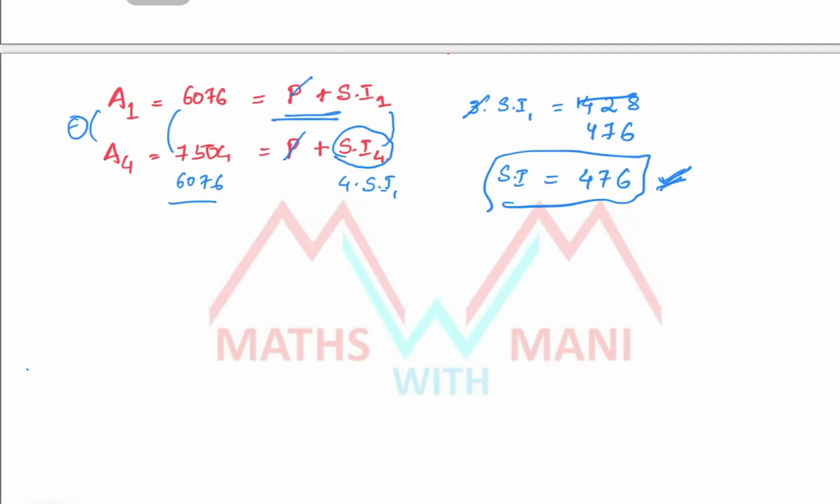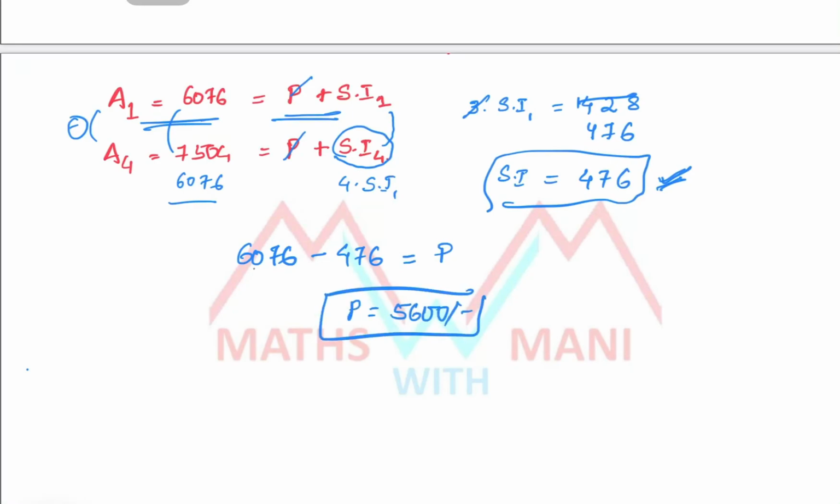From this condition, amount is given as 6076. From the amount, if I subtract 476, that is simple interest, I'll get principal. So what is the principal? 5600 rupees. 6076 minus 476 is 5,600 rupees. That's it. Here I am not calculating any rate of interest.